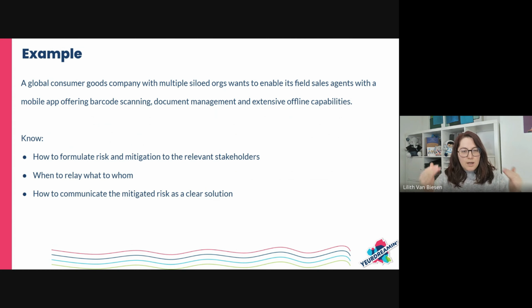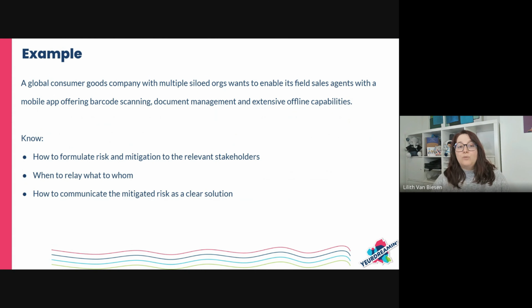So again, think about the risks and mitigations that we want to address here. Think about the stakeholders for whom this is relevant, and when we want to relay what to whom. Some of the data survivorship topic will likely be discussed with business at some point, but not the whole issue as a big risk or a big problem, but broken down into the elements that are relevant for them.